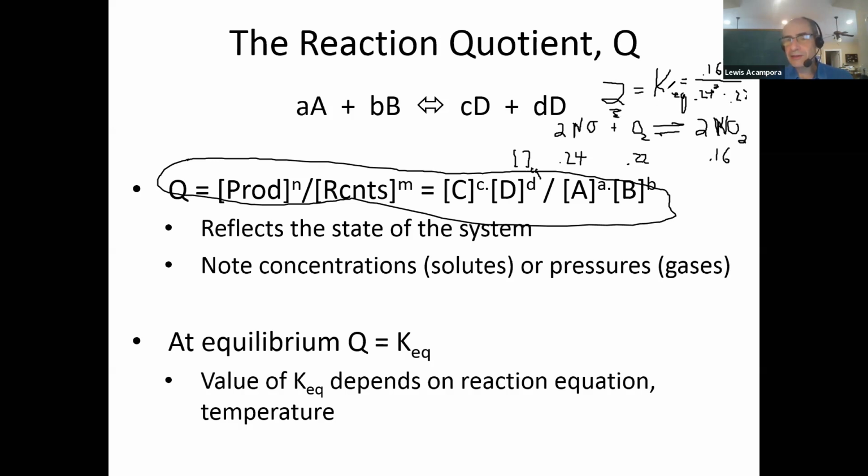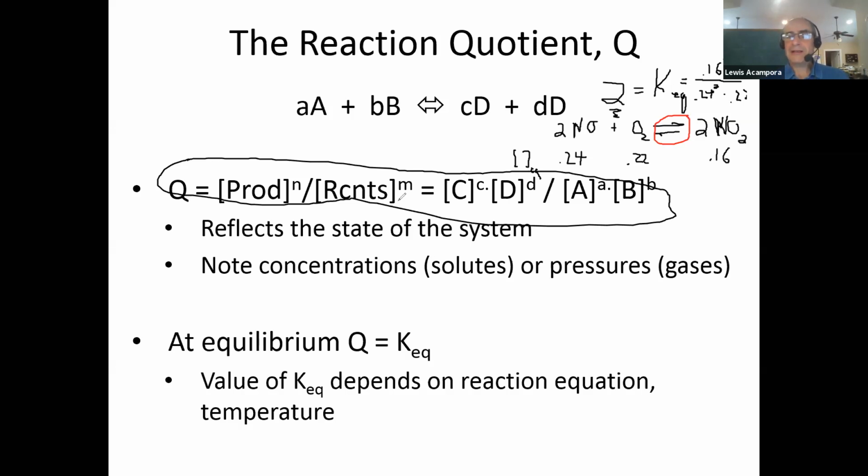What does this tell you? Well, it says that I could have a lot of different sets of concentrations that would satisfy this relationship, but whenever that is satisfied, the rates of the forward and reverse reactions will be equal. And that's merely my kinetic criteria for equilibrium.